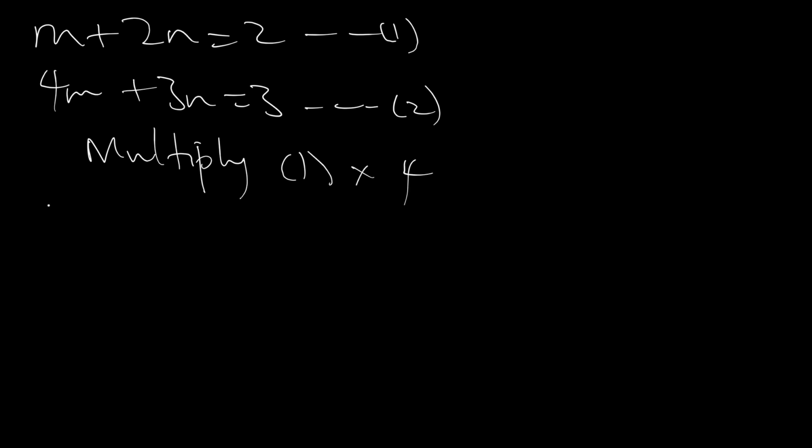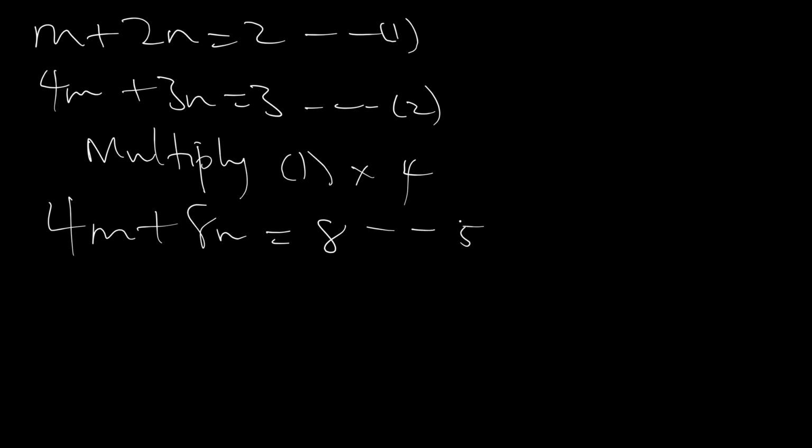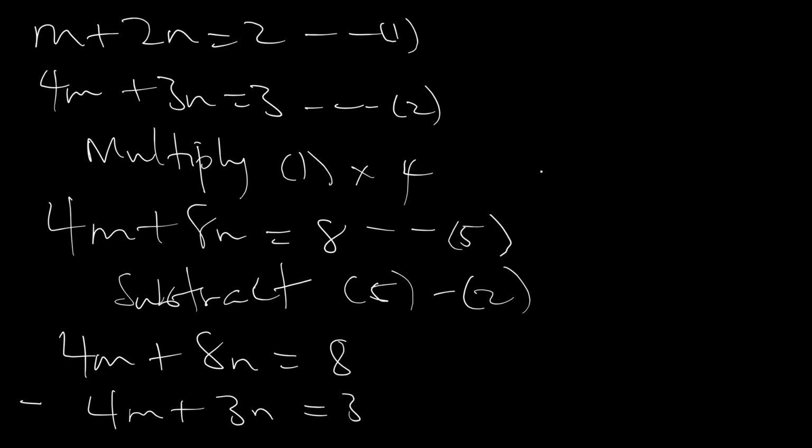And this gives us 4m plus 8n is equal to 8. And we can call this equation 5. And so we can subtract equation 2 from equation 5. So when we subtract 2 from 5, we will have 4m plus 8n is equal to 8 minus 4m plus 3n is equal to 3.